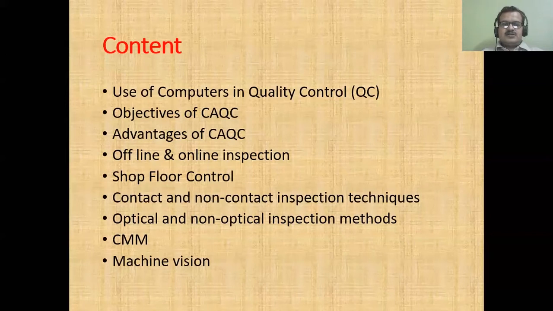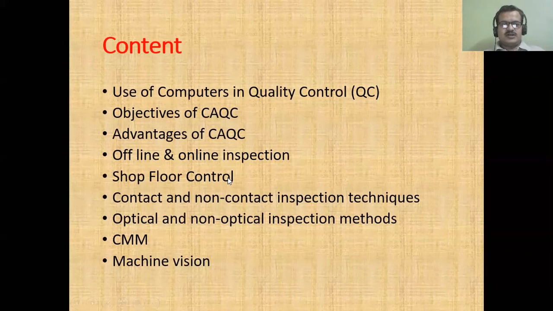We started our discussion on the use of computers in quality control, then objectives of computer aided quality control, advantages of computer aided quality control, CAQC, offline and online inspection, and we started our discussion on shop floor control, that is three phases of shop floor control.